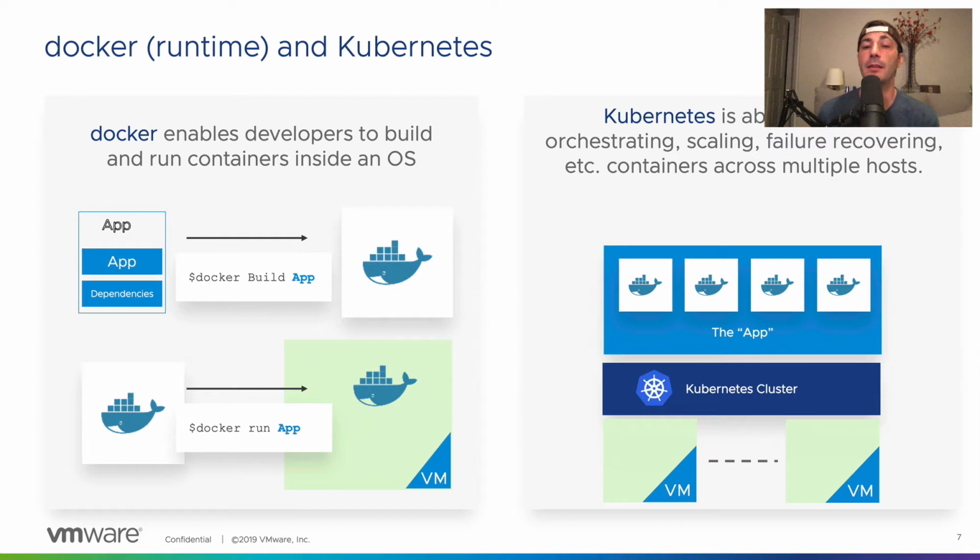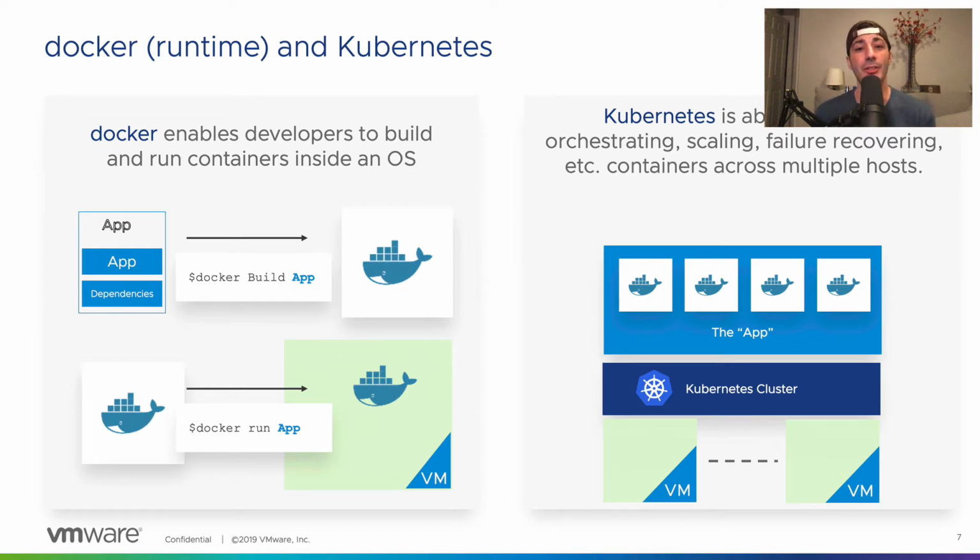It's the same exact thing as saying, if I only have 10 virtual machines, why do I need vCenter, right? Kubernetes really starts coming out when you look at scale. When we start figuring out, okay, now I've got 25, I've got 50, I've got 100, I've got 1,000 containers that are now running, how do I orchestrate this? How do I know which virtual machines have available computing power that I can give to these applications? It's smart. It knows about that. How do I scale this as well?